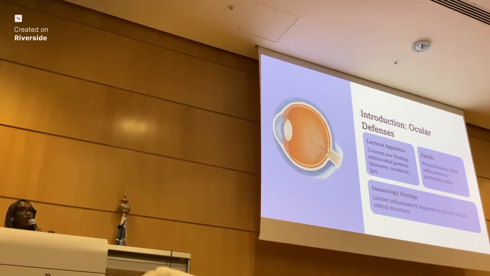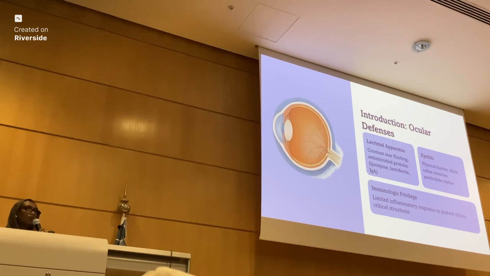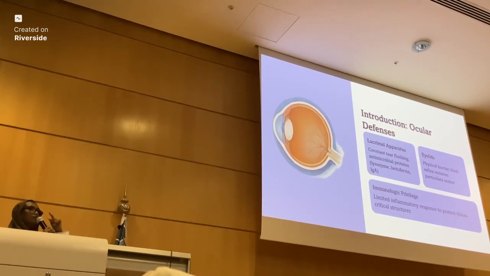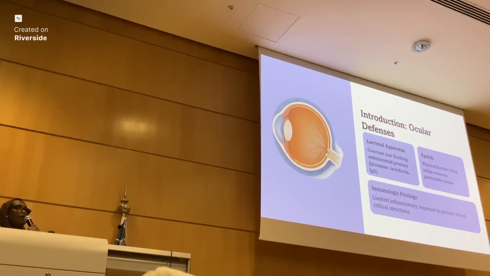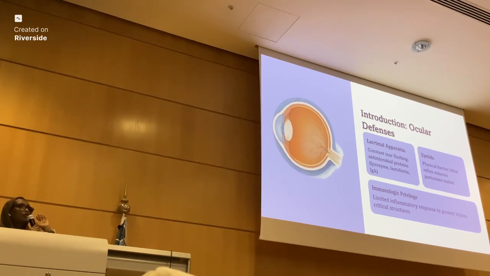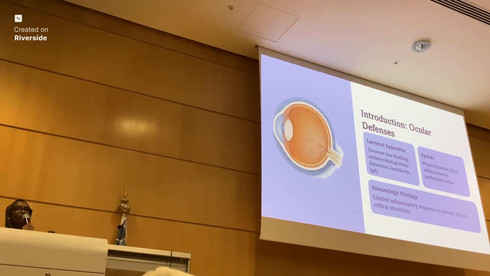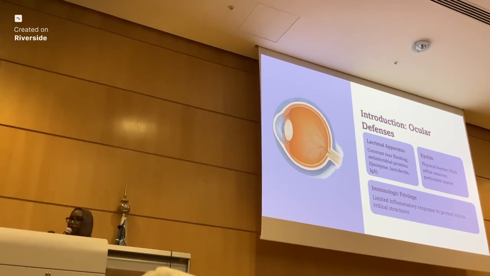True? Not only the lacrimal apparatus, but also the structure of the eye. So your eyelids, the covering outside. If I think that I will be faced by some kind of threat, if I'm just running towards someone trying to hit or throw something, the person automatically will blink, true? Or close the eyelid. So that's also a kind of physical protection that covers the possibility of getting something into your eye.